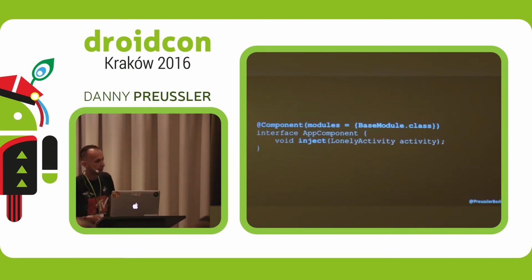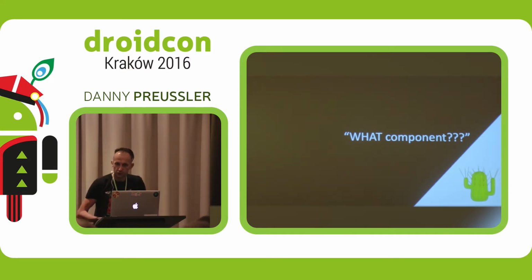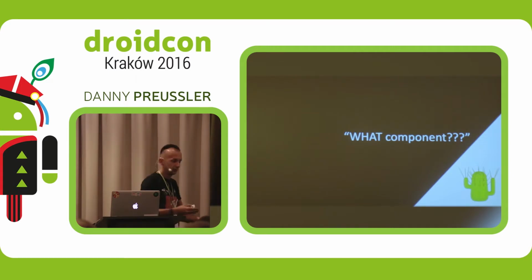So let's look at Toothpick. Next to Toothpick, what the heck is a component? Actually, what most of the dependency injection frameworks have in common is they're based on JSR 330, the Java standard. There was this @Inject annotation, and it basically describes how dependency injection should work so that you can replace one framework with another one.